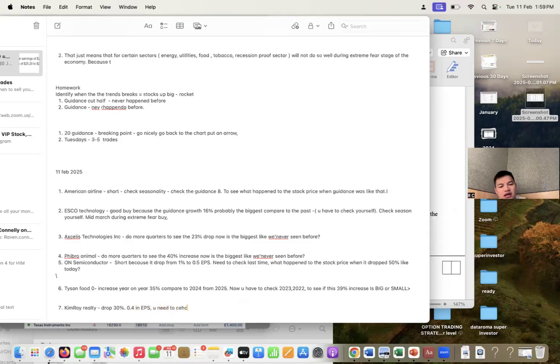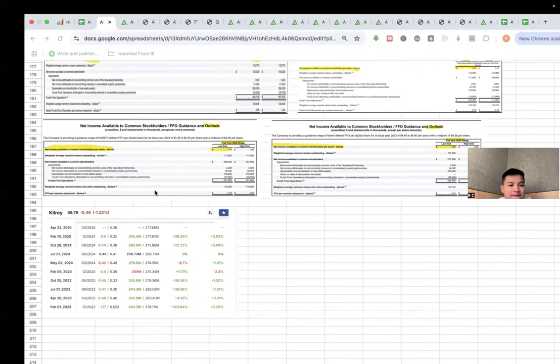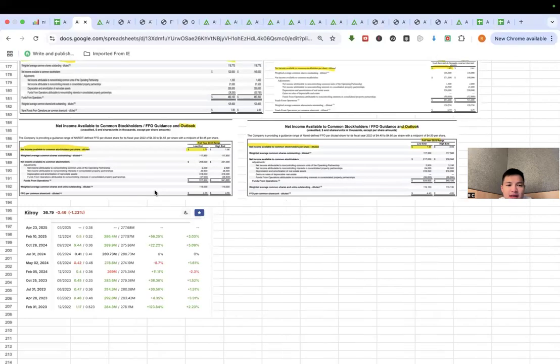You need to check last time what happened in the past 12 quarters, or perhaps from the origin. Origin means when the company was first announced.